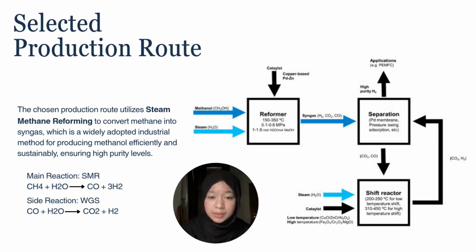Following the reformer, the syngas passes through a separation unit and a shift reactor to optimize the H2 to CO-CO2 ratio before being compressed for the methanol synthesis stage in the plug flow reactor, PFR.